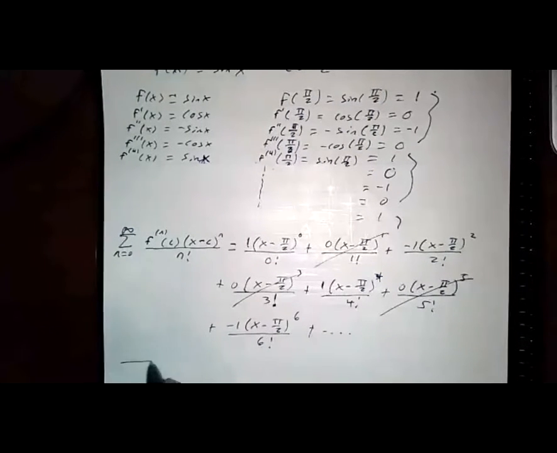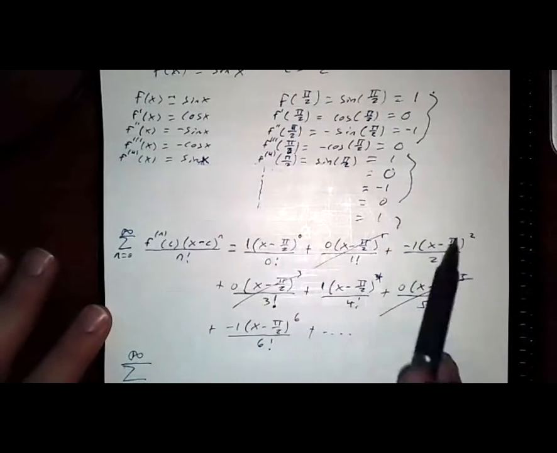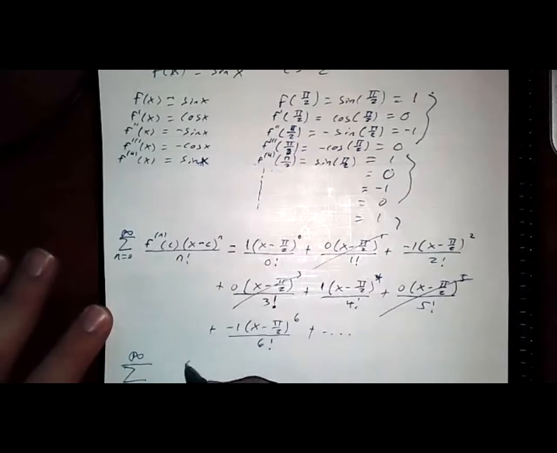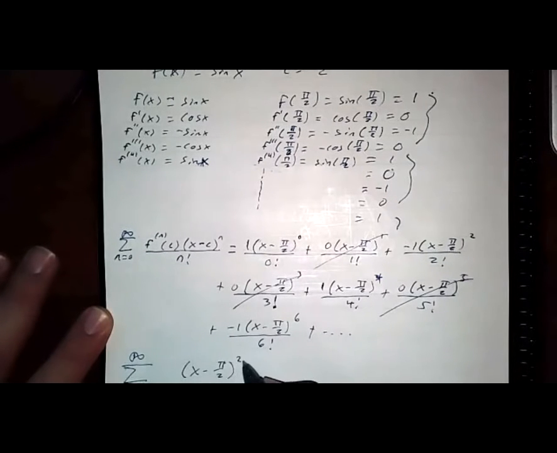So that's the hard part, finding the pattern. So once we expand it and plug in everything into the formula, that's what we have to do. So notice that only the even ones stayed. So what I'm going to do is put 2n, right?